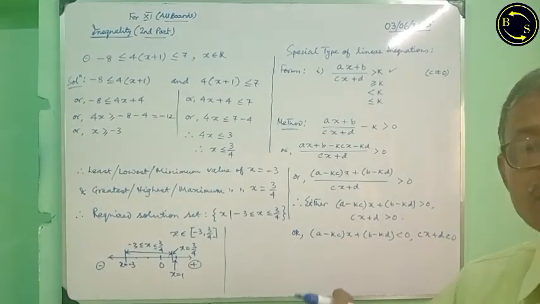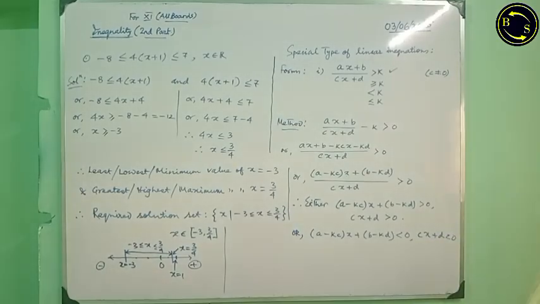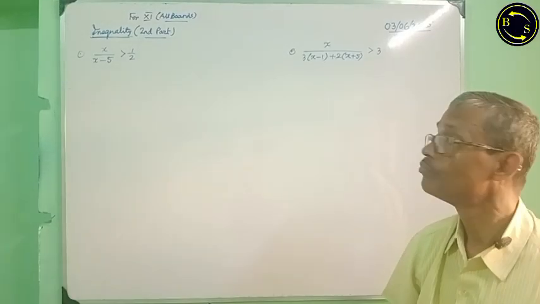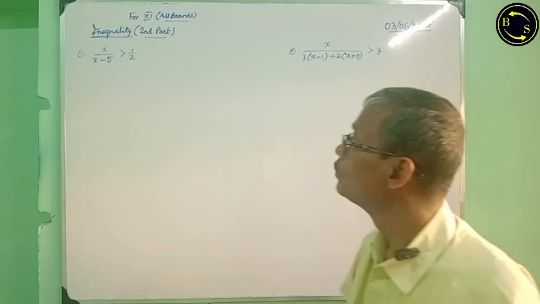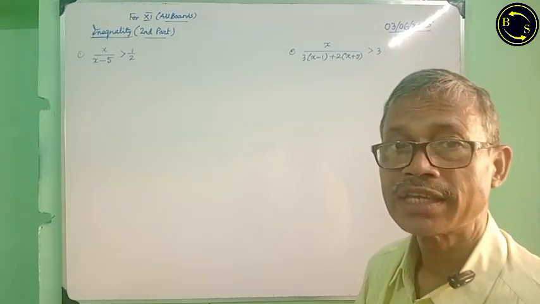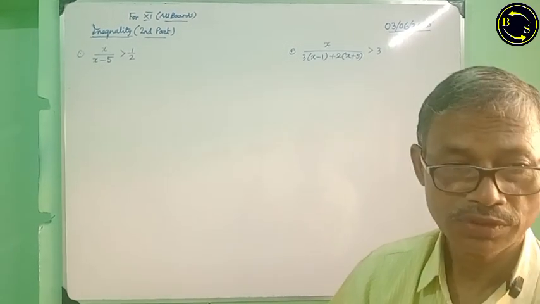Now I am taking few sums. First one is x by x minus 5 greater than half.